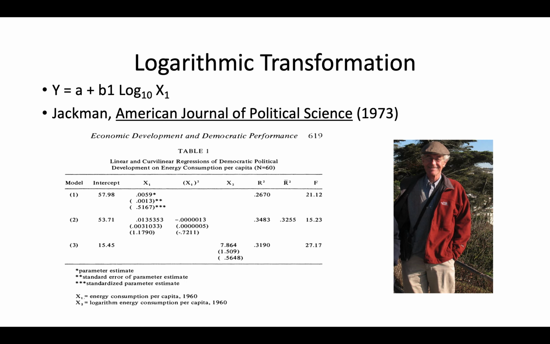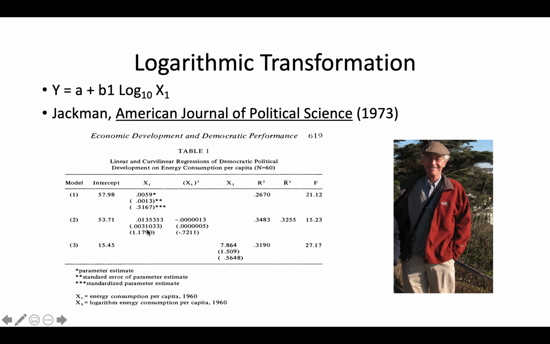Let's go back to the Jackman slide. Professor Jackman thus tested three potential functional forms of the relationship: linear, logarithmic, and parabolic. Now, on this table 1, this first model is simply the linear relationship tested, x sub 1.